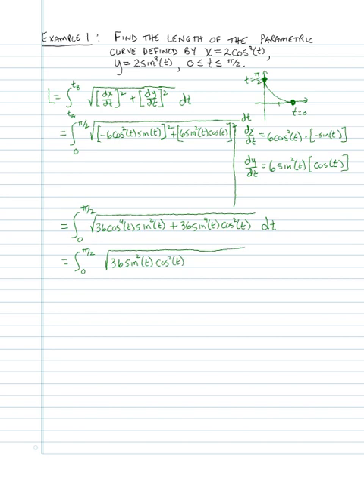And so when I factor those out, then what I'm going to have left over, when I factor out a 36 sine squared cosine squared from the first term, I'll be left with only a cosine squared t. And when I factor that out from the second term, I believe I'll have only a sine squared t, yes.